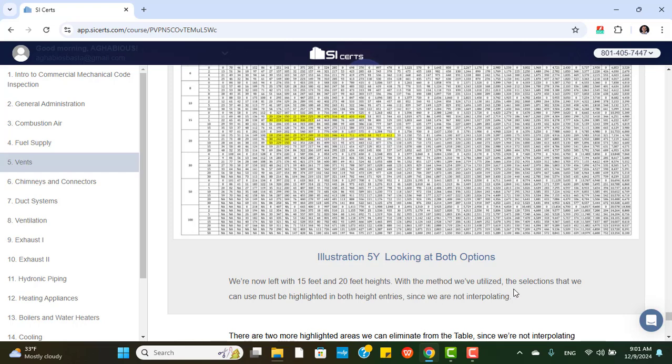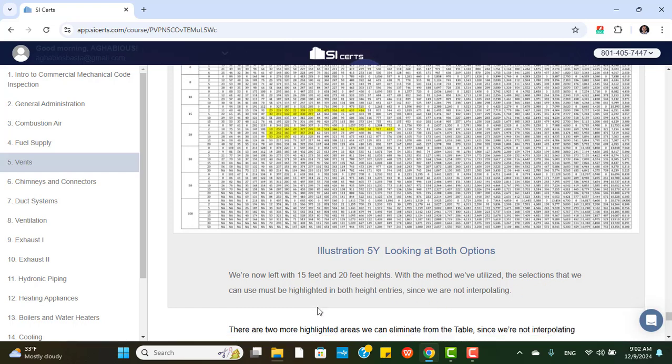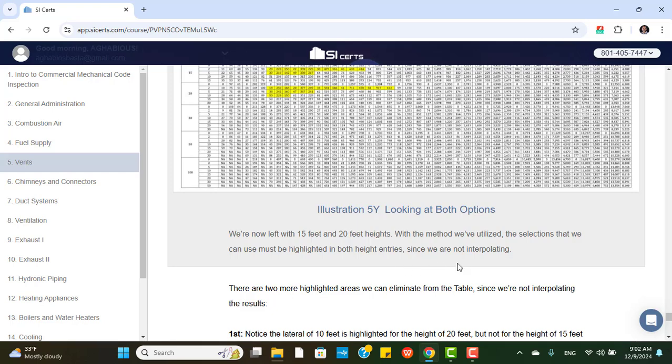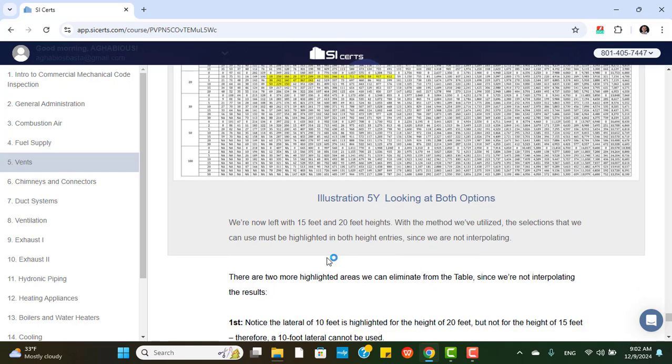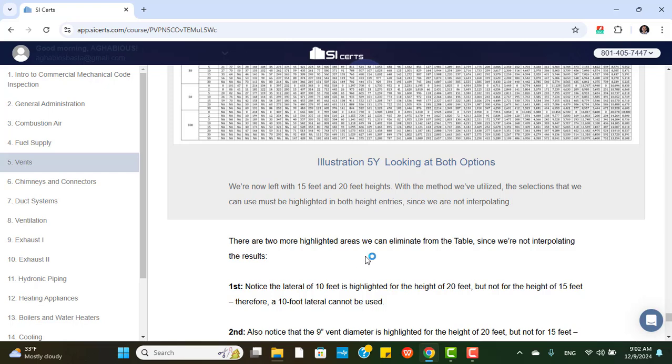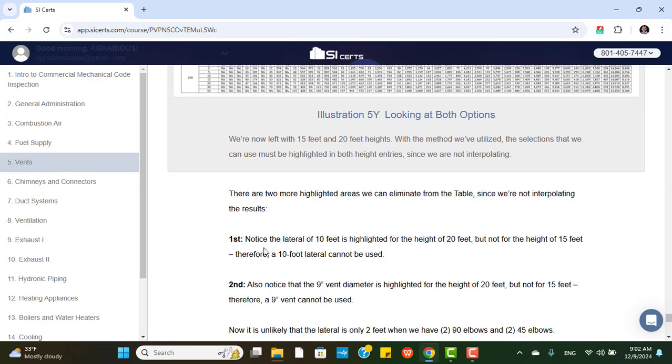With the method we have utilized, the selection that we can use must be highlighted in both height entries since we are not interpolating. There are 2 more highlighted areas we can eliminate from the table. First, notice that the lateral of 10 feet is highlighted for the height of 20 feet, but not for the height of 15 feet.